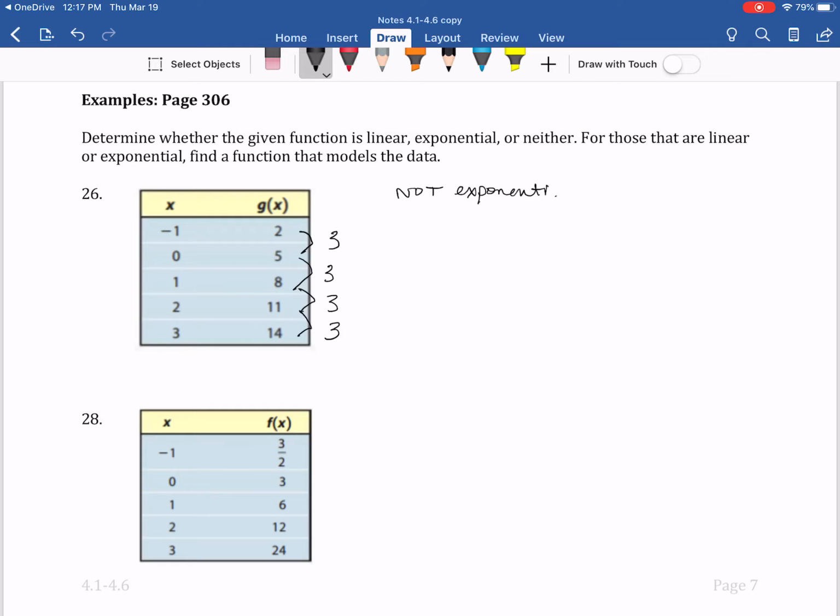Because to be exponential, your ratio, which is going to be found by a common factor, would need to be constant. This one is going to give us a common difference. The difference is common, and that common difference in example 26 is what that value 3 represents. 3 is the common difference.